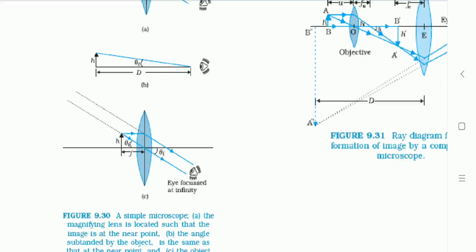So we can say that the angle subtended by the object, if u equals minus f, is theta I equals h by f, as we can see from diagram C. So the angular magnification, if the image is at infinity, is m equals theta I divided by theta O, which equals d by f.